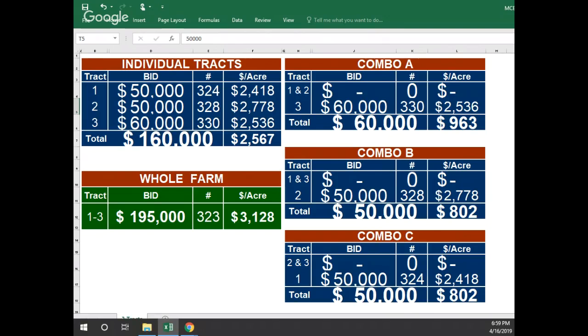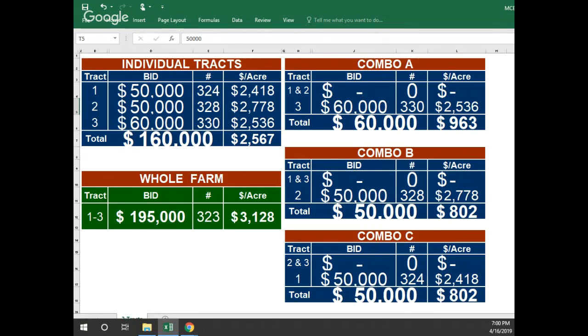Any further increase on an individual track? Any combination of tracks that you'd like to put together, or an increase on the whole farm? That's pretty cheap, right? You know, guys, I was doing a little figuring there on the break, and if you take the tillable acres off of that, put tracks 1 and 2 together and divide the tillable acres, guys, there's an opportunity there.